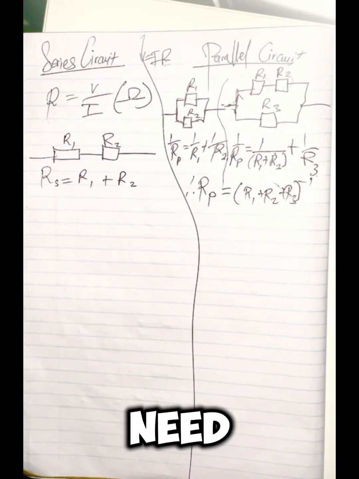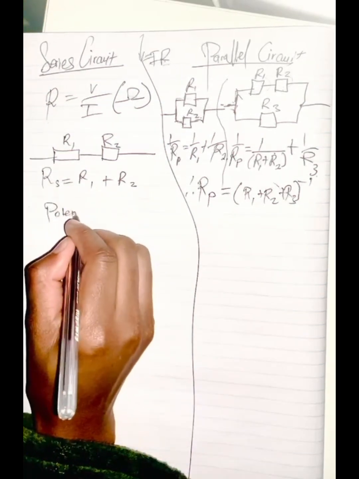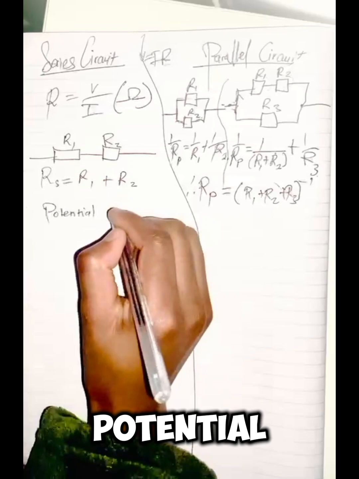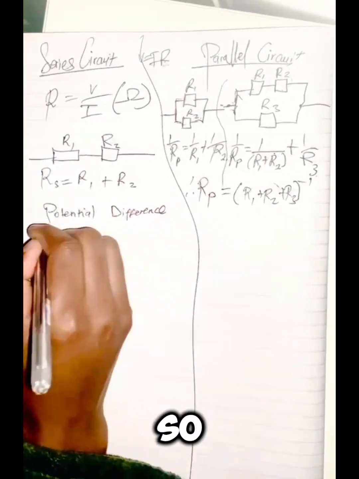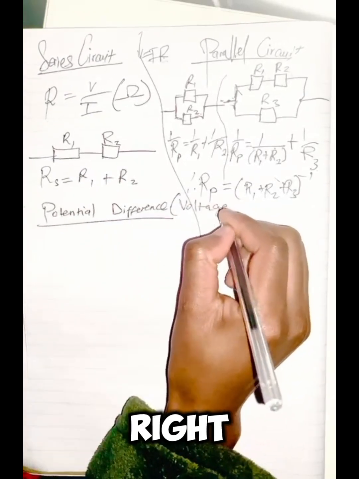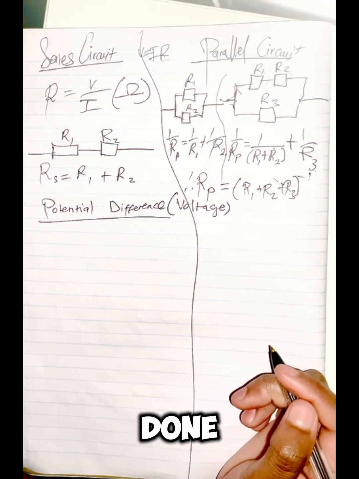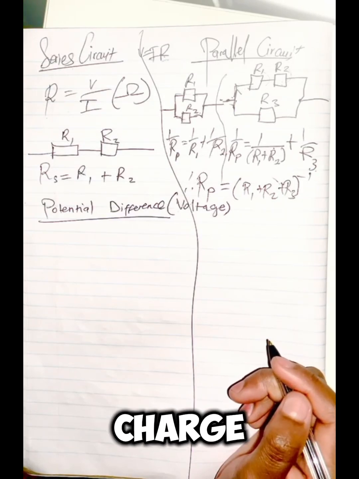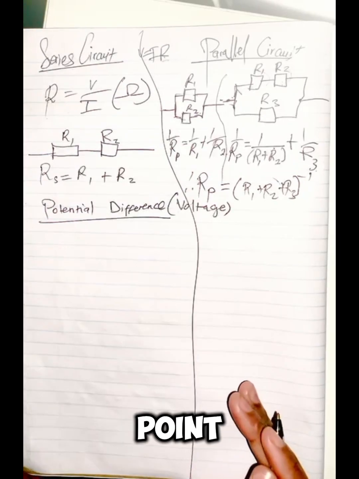And then now we need to move on to potential difference. So potential difference, we're talking about the voltage, right? And what is a voltage? A voltage is the work done per unit positive charge to move a charge from one point to another point.